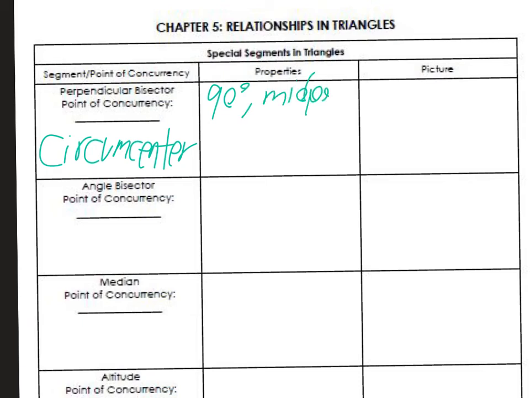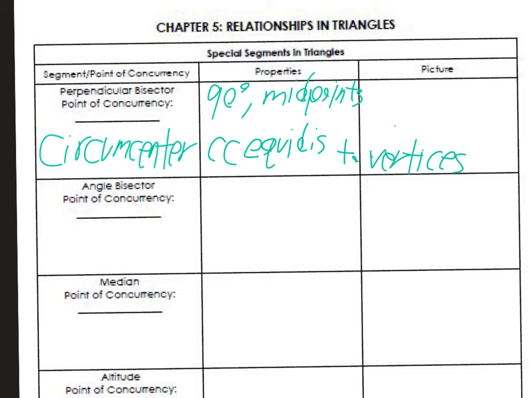So they create congruent parts. Also, the circumcenter, CC, is equidistant to vertices. So in a triangle, the distance to that vertex, and that vertex are all congruent.